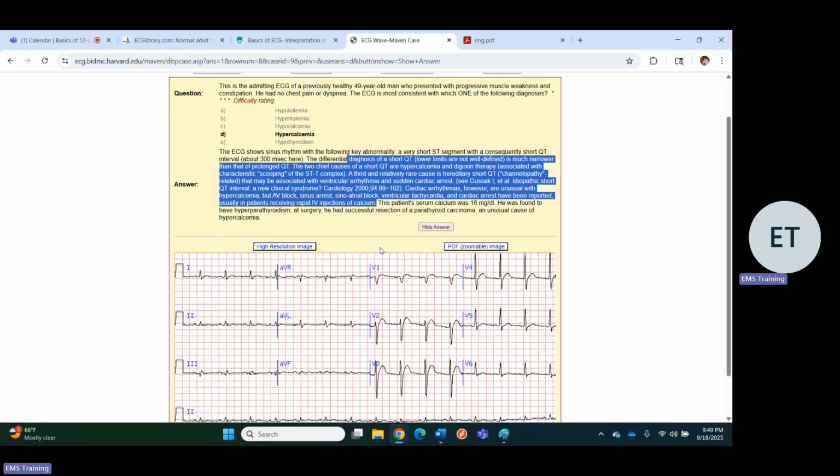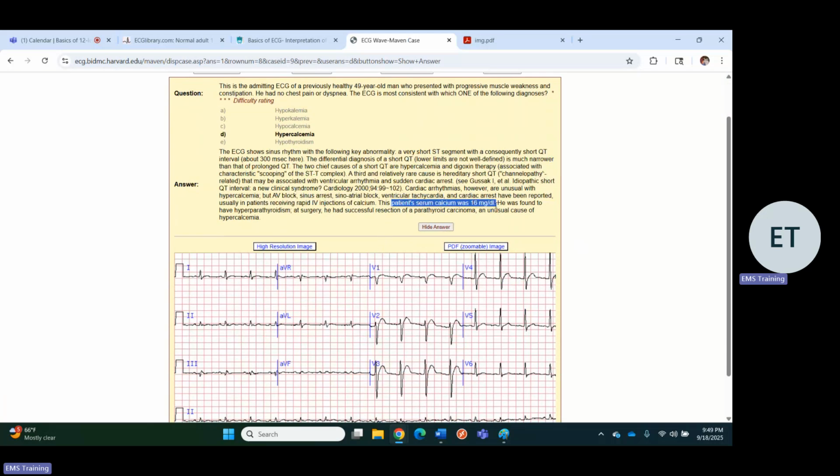Oh yeah, I can see that. Yep. The patient's serum calcium was 16. That's really high. Oh, hyperparathyroidism. Yeah. Yep, those are usually caused by cancers or some sort of not cancer, but some sort of cancerous adenoma or whatever. Would it be called an adenoma?